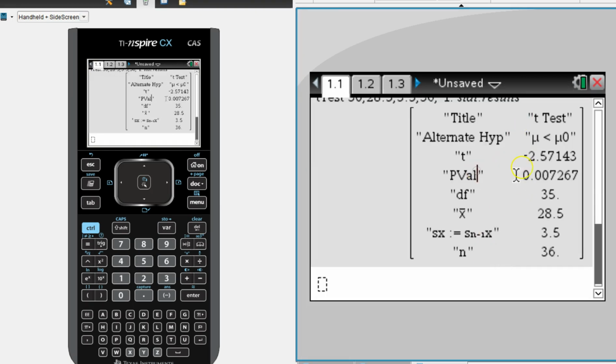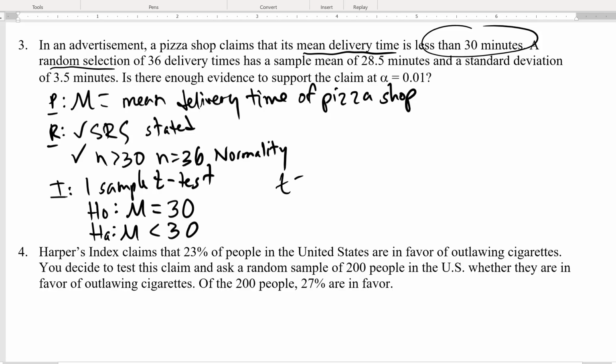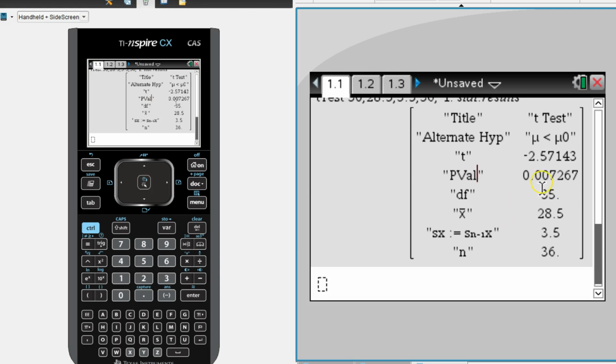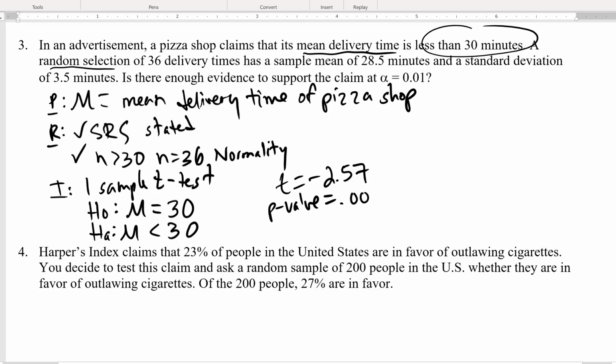What do we write down? The t, negative 2.57. P-value, 0.007. Degrees of freedom, 35. And alpha, they wrote right here.